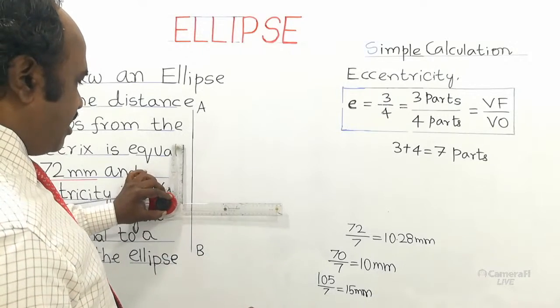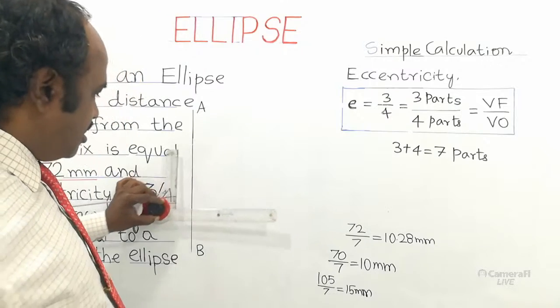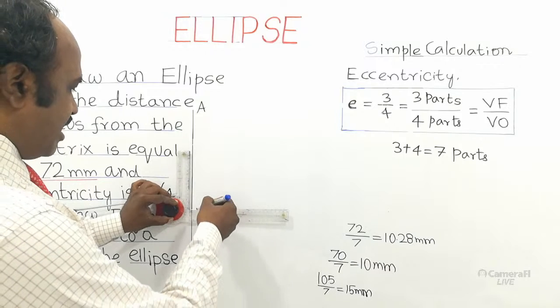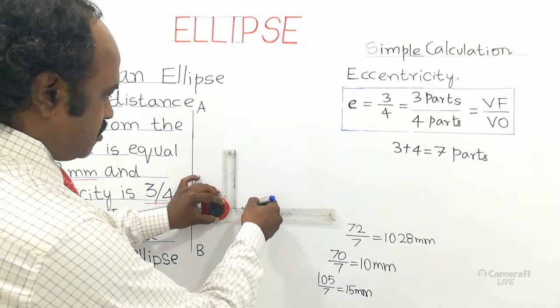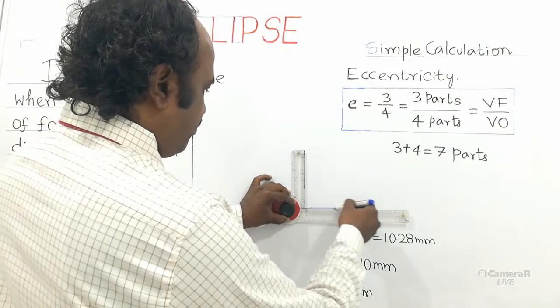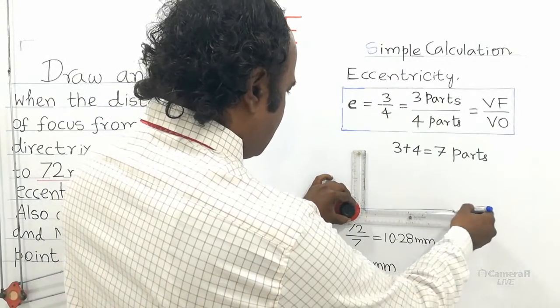Okay, and draw a horizontal line called the axis of ellipse. Using the longer scale, draw a horizontal line called axis of ellipse. Use your mini drafter for getting a perfect ellipse.